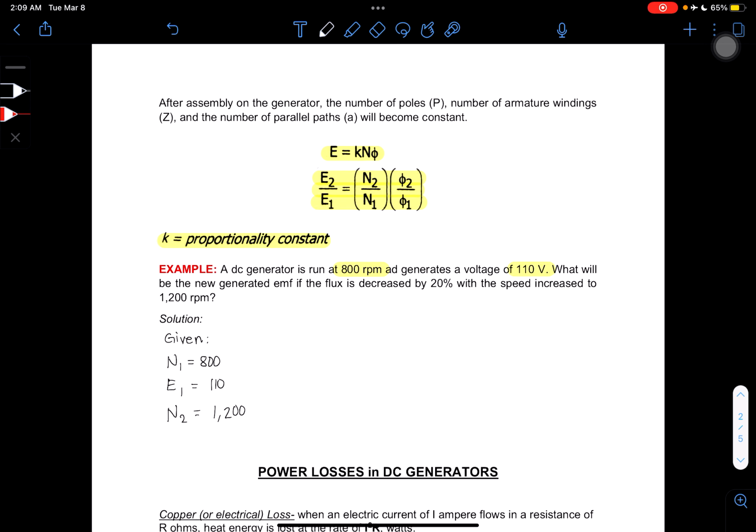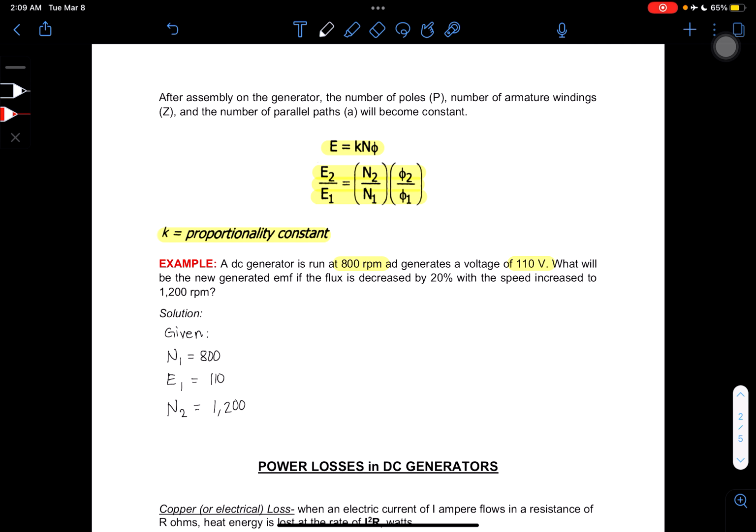And the flux is decreased by 20%. So therefore our flux per pole 2 will be decreased by 20%, so we have 0.8 of the flux at 800 RPM and 110 volts. The unknown in this problem, what is being asked, is the new generated EMF. So therefore our unknown will be E2.